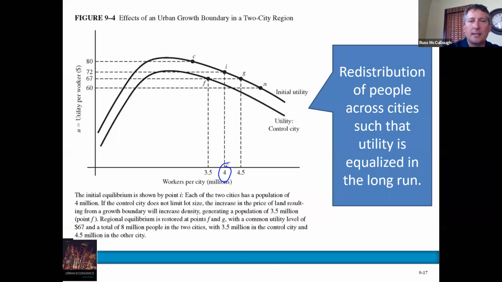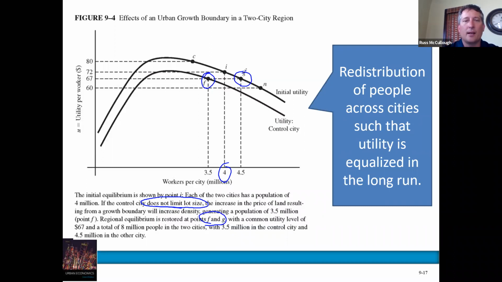If the control city does not limit size, the increase in the price of land resulting from a growth boundary will increase density, generating a population of 3.5 million, so point F. Regional equilibrium is going to be restored at points F and G, with the common utility level of 67.